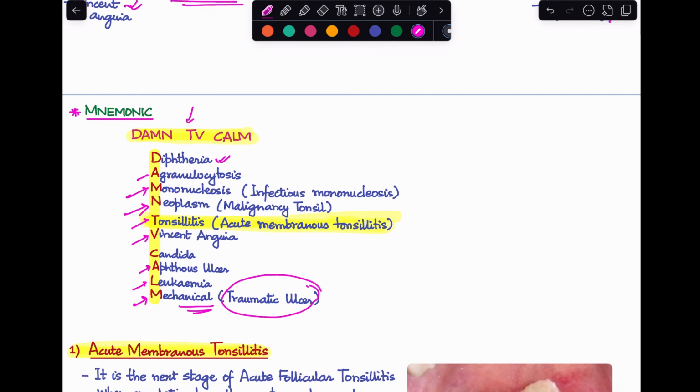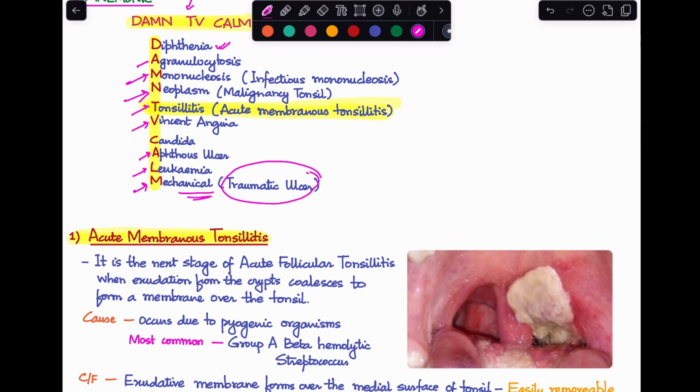If this stage continues, all the exudate coming out as these yellowish white spots starts coalescing together and ends up forming a membrane over the tonsil, like you're seeing in the image over here. So this is a yellowish whitish membrane over the tonsil.